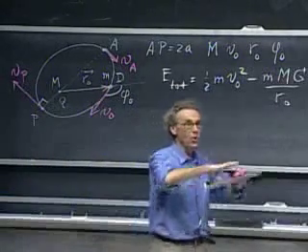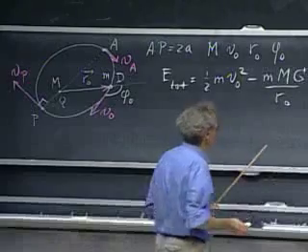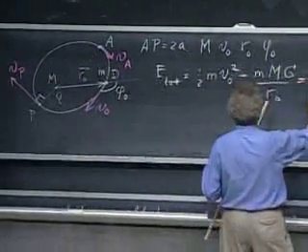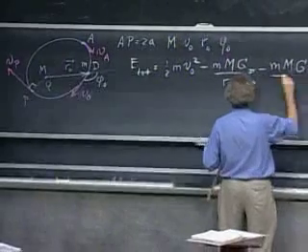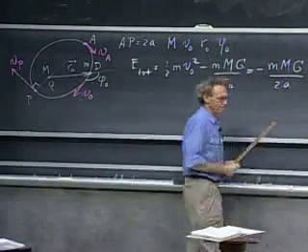This is the same throughout the whole orbit. So it must also be, according to equation 5, minus mMG divided by 2a.